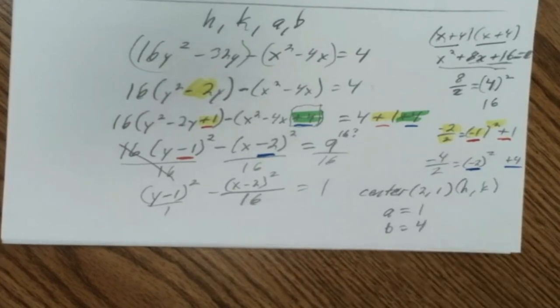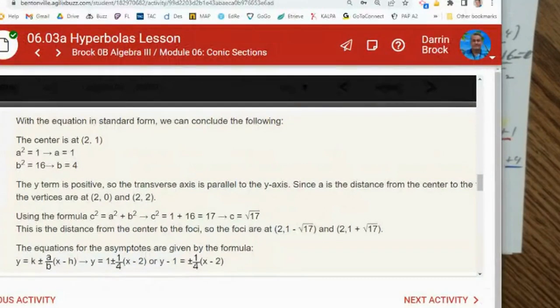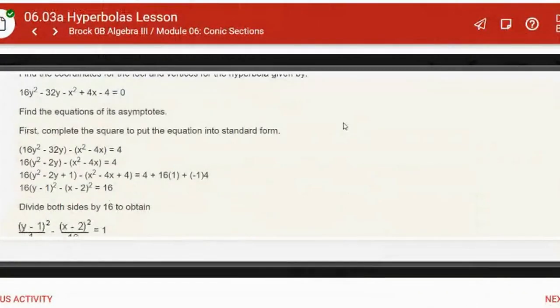So let's look at what they did on this, because I still want to know how they got that 16. Looking at their math right here, they had the same thing we did: y squared minus 2y, and they added 1, which means they would add 1 over here. But they've added 16 for some reason. I don't know how they've done that.